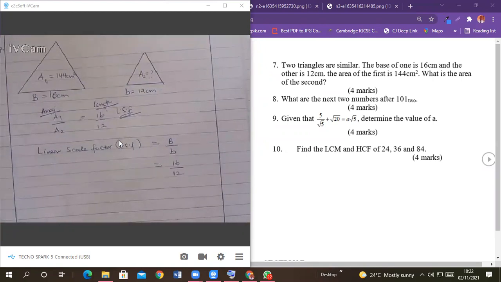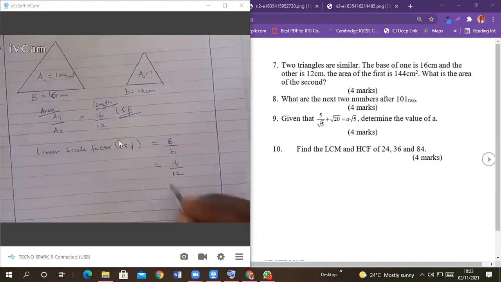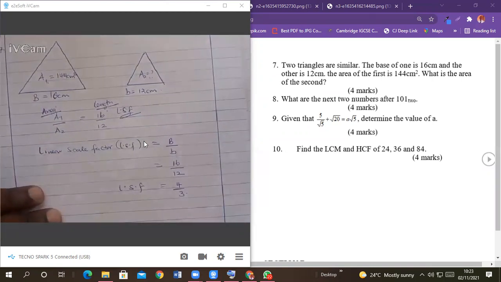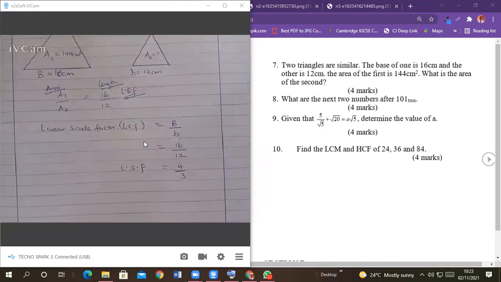You simplify that, 16 divided by 12, you get 4 out of 3. So that is the linear scale factor.